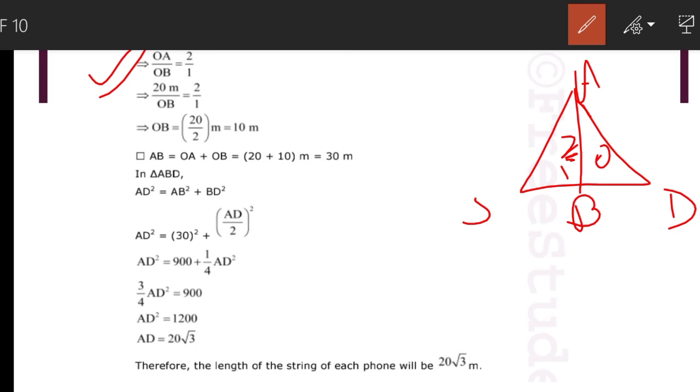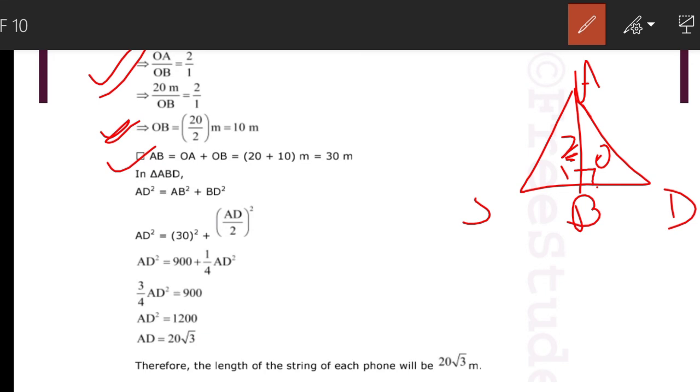So by making OB the subject, we get OB is equal to 20 by 2, that is 10 meter. So the line AB is OA plus OB. So 20 plus 10 is 30. So AB is 30.